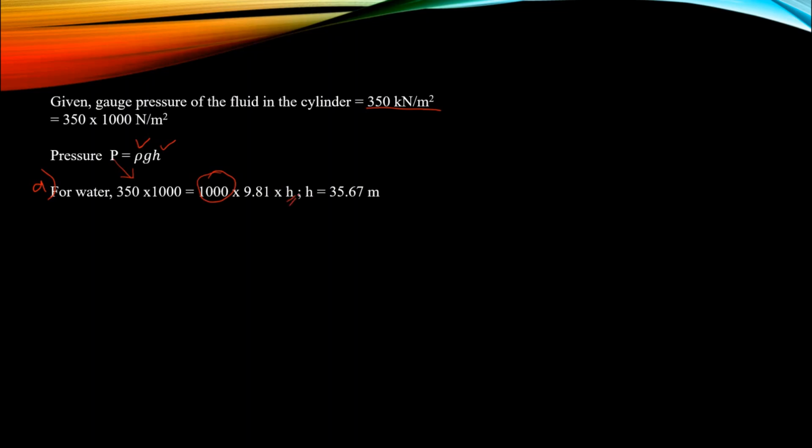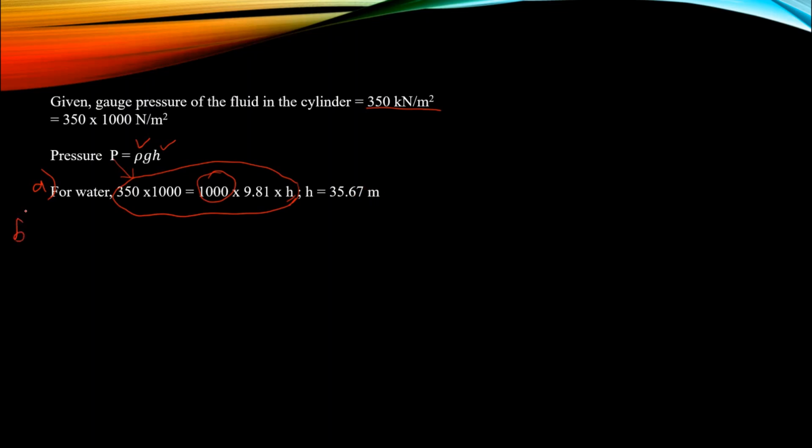You can calculate h from this equation. It will be 35.67 meters. So in order to create a pressure of 350 kilonewton per meter square, we have to keep a water column of height 35.67 meters.